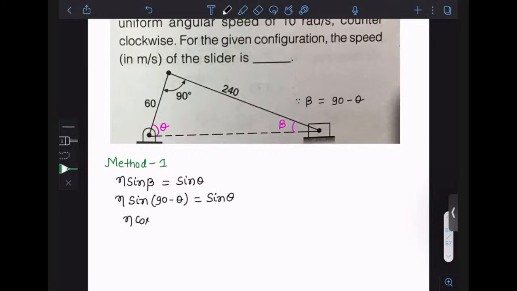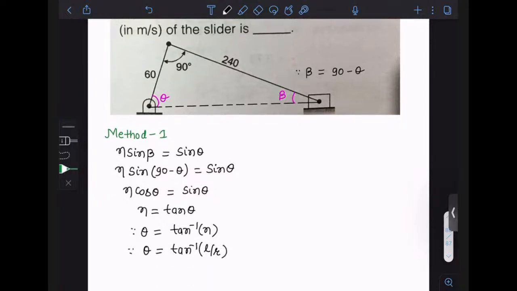So here n cos theta is equals to sine theta. n is equals to tan theta. Therefore, theta is equals to tan inverse n. So here what we can say, tan inverse L by R. So here theta is equals to tan inverse, L is your 240 divided by 60.